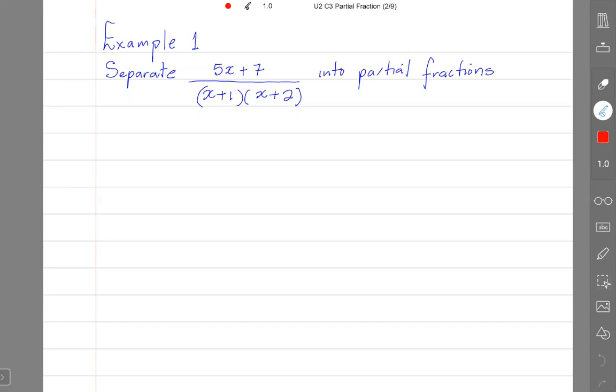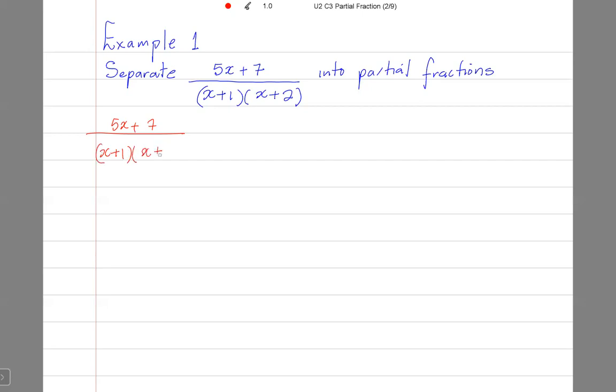So according to what we just read, 5x plus 7 over x plus 1 into x plus 2 may be separated into partial fractions of the form A over x plus 1 plus B over x plus 2.